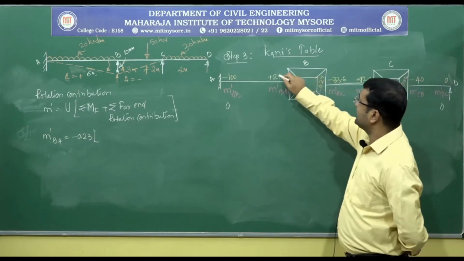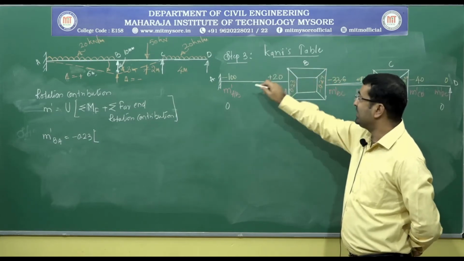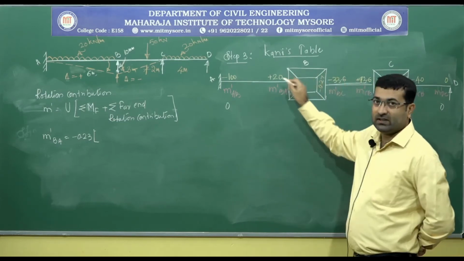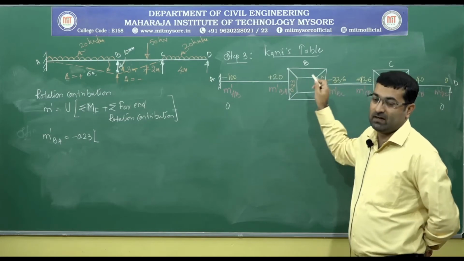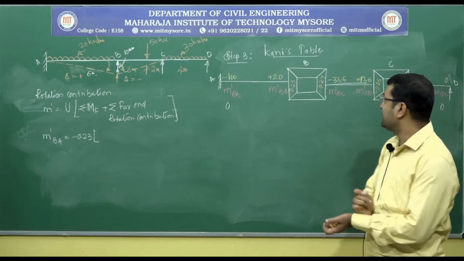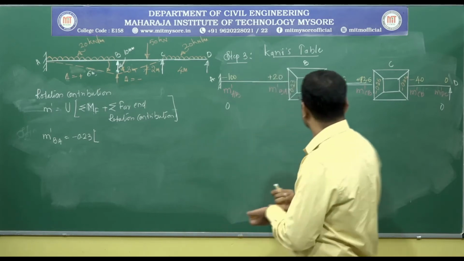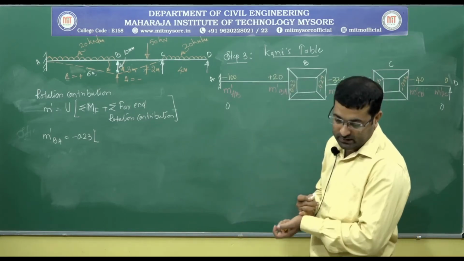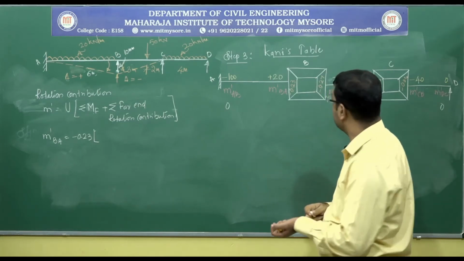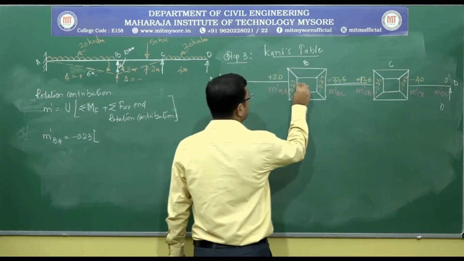So, how much is the sum of fixed end moments at B joint? At B joint we have 2 members, one is BA and another is BC. For these 2 members, if I take the sum of the fixed end moments, what is the net value? The net value is plus 20 plus 33.6, so total it is 53.6.